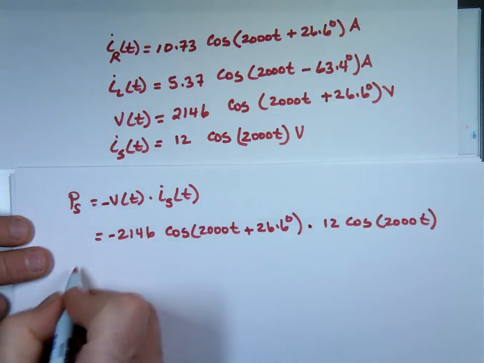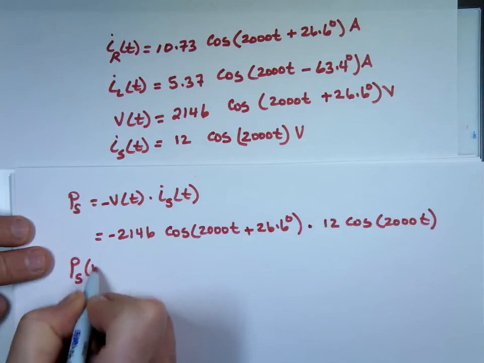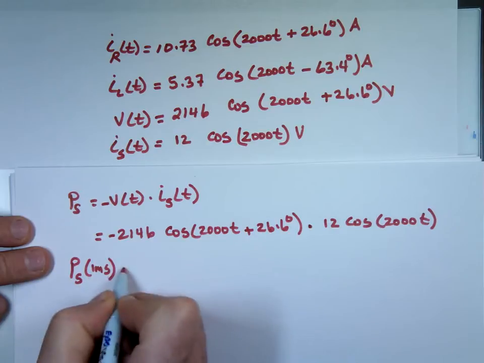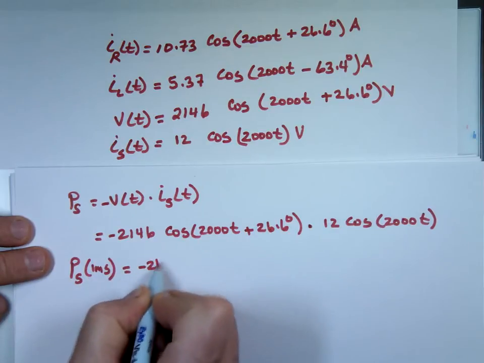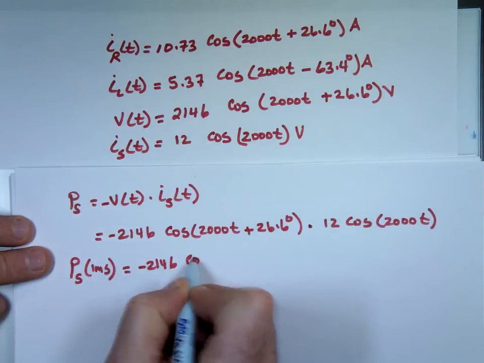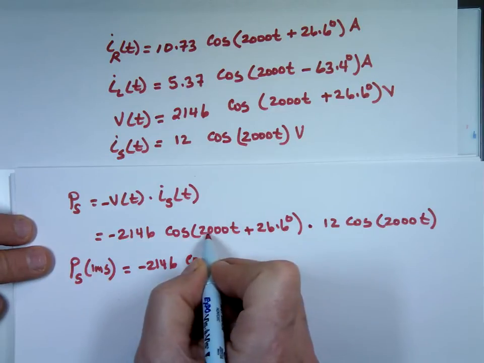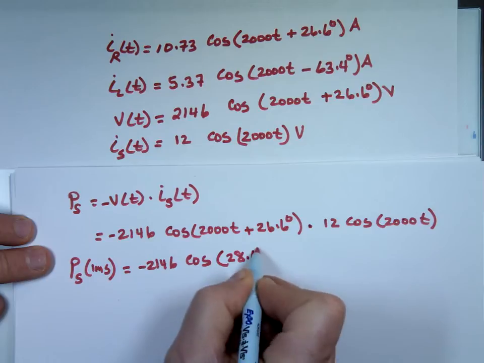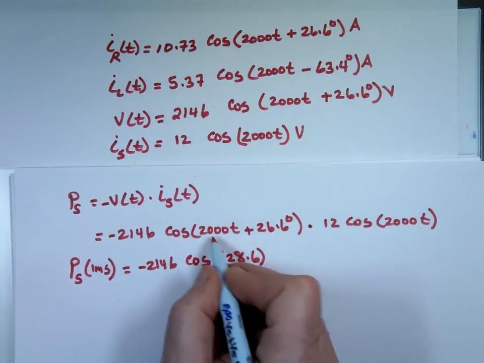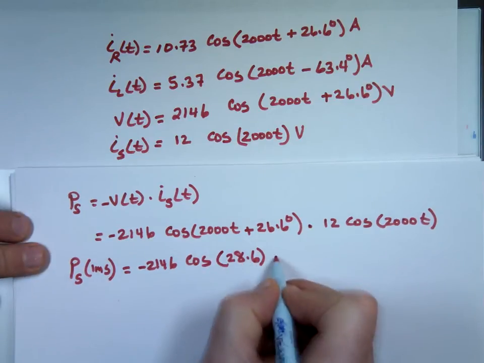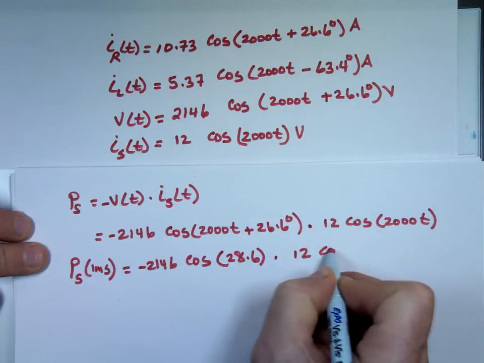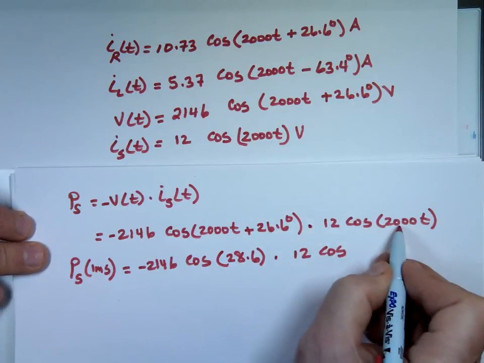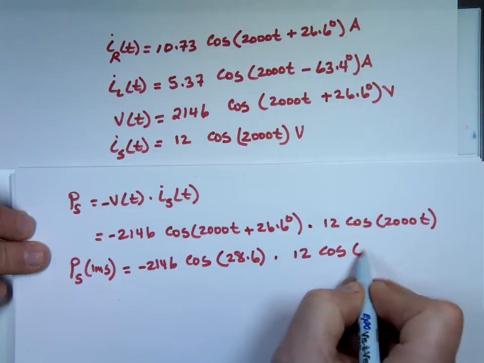Now they want it at a certain time, 1 millisecond. Negative 2146 cosine of 1 milli, that'll be 2 here, 26.6 is it? This number, when you put 1 milli, times 12 cosine 2.